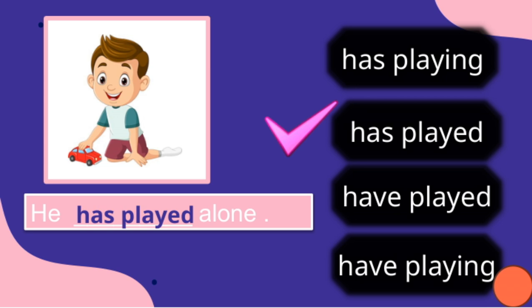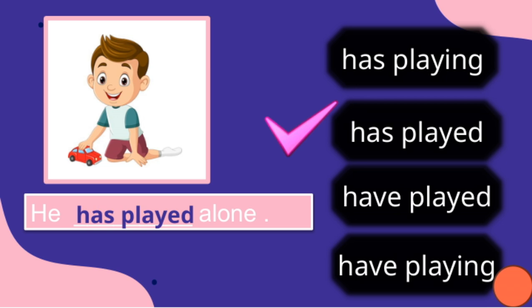Then you see has played, which is just the third person singular form used with he, she, or it. The phrase has playing is actually incorrect because has should be followed by the past participle played, not the present participle playing. This is a common mistake, so it's good to clarify that. Finally, the sentence, he alone, is meant to be completed with the correct form of the verb.